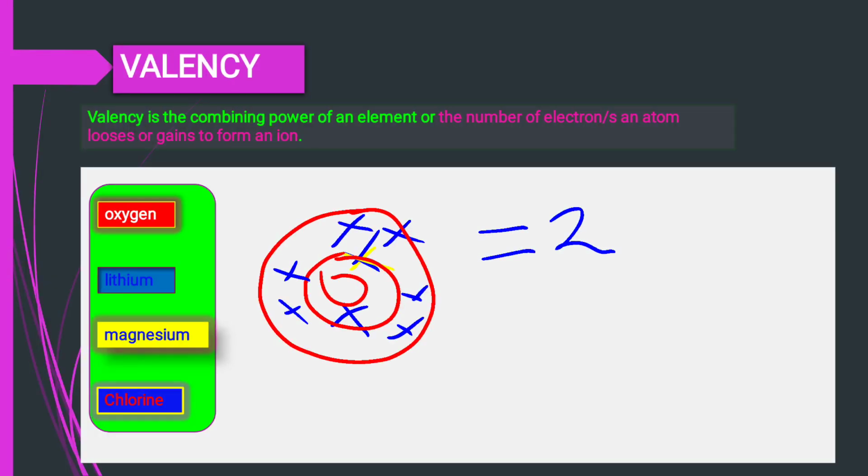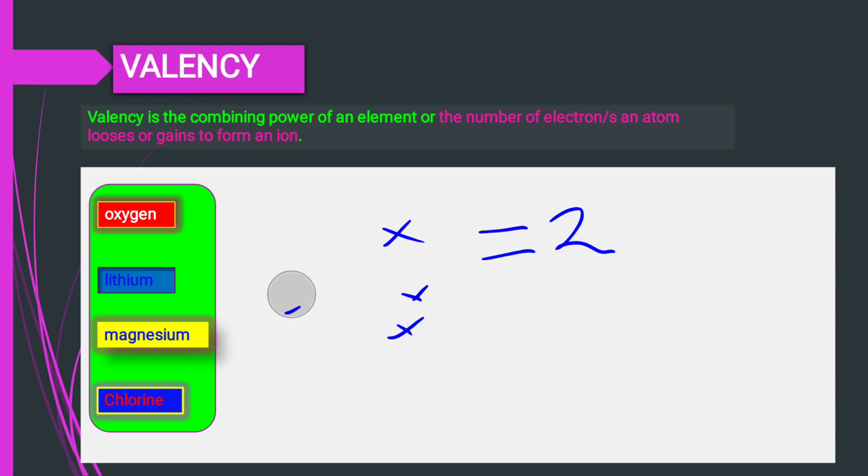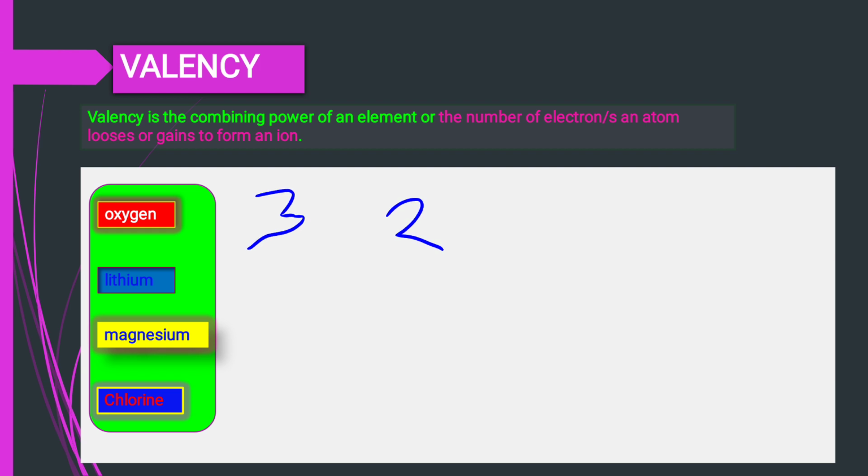Let us look at another example. Example of lithium. Lithium has an atomic number of 3. If we write the electron configuration of lithium, it is 2:1. This means that the first energy level of lithium has 2 electrons, while the second energy level of lithium has only 1 electron.